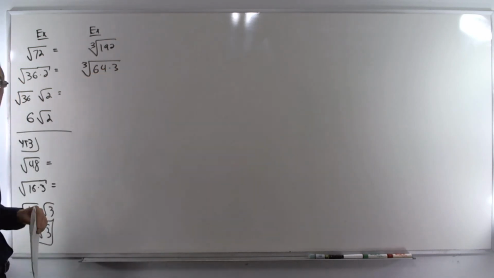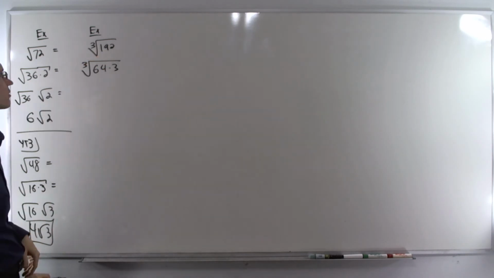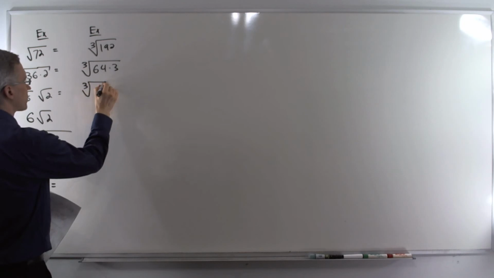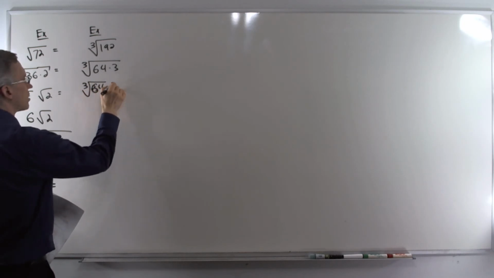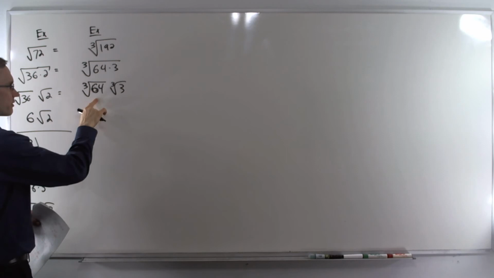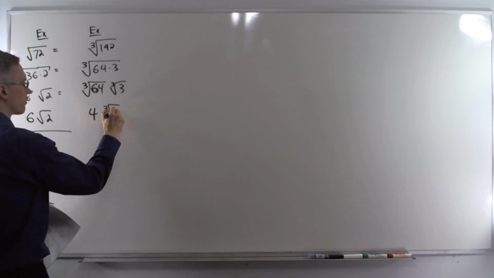So that is 64 times 3. 64 is the largest perfect cube. It's a factor of 192. And we can use the product rule to break this up into the third root of 64 times the third root of 3. Third root of 64 is 4, so we get 4 times the third root of 3.